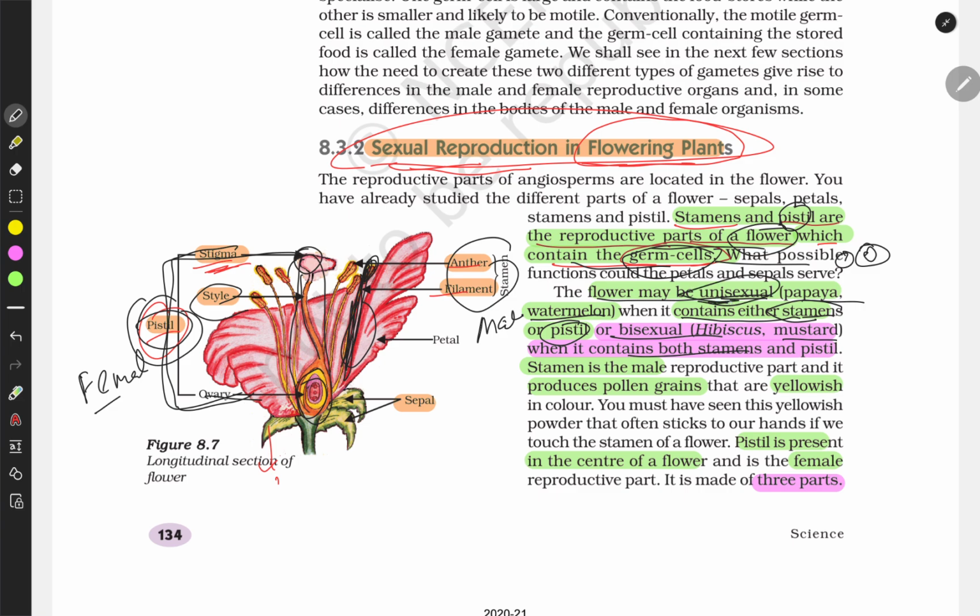Uni means one, either male or female. Those which contain both stamen and pistil are bisexual, because they contain both male organs and female organs.